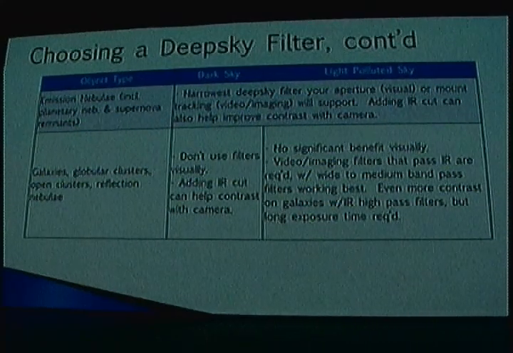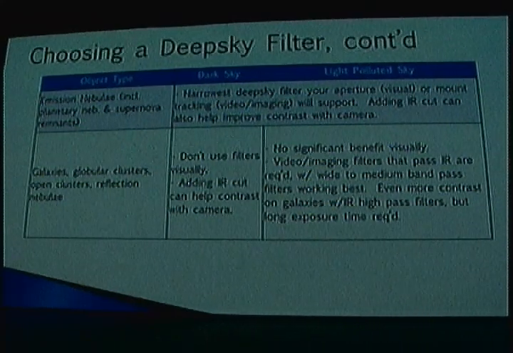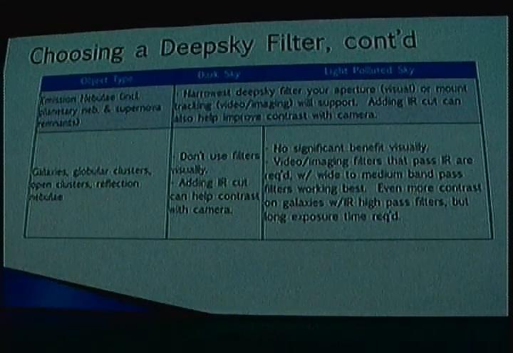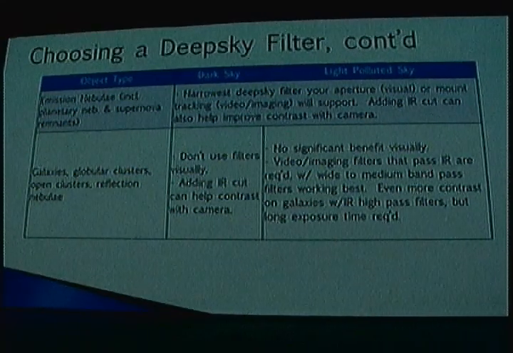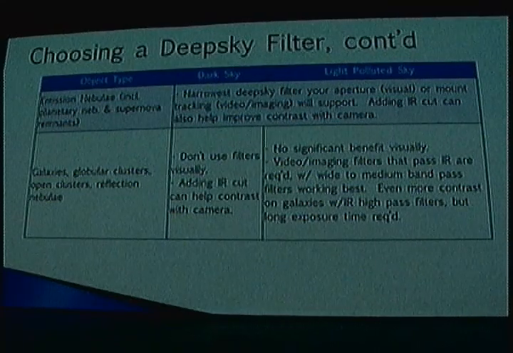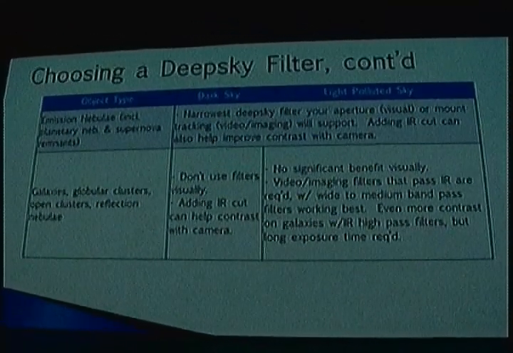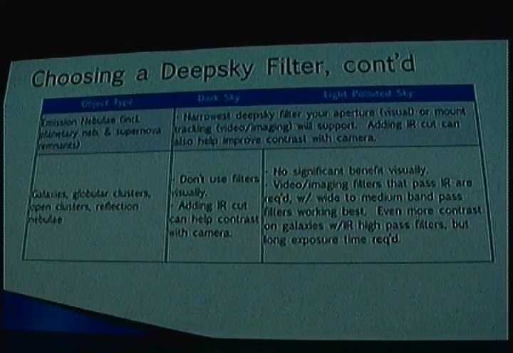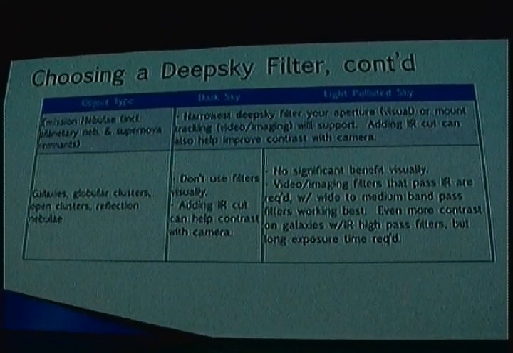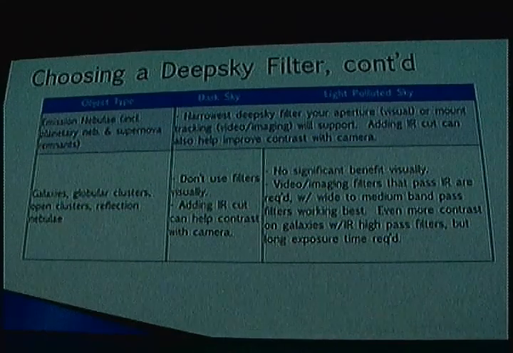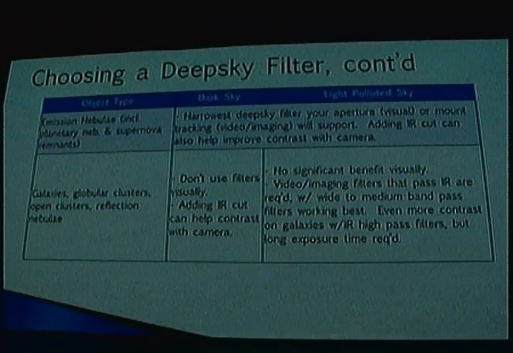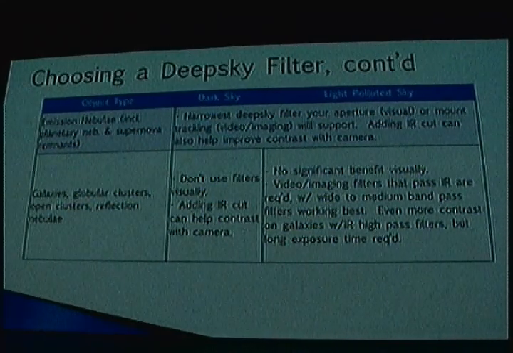And I'll talk more about that in the next slide. In the case of video or imaging, it would be the mount tracking. As I also mentioned, adding a UV or IR cut filter to an LP filter can further improve the performance of that filter in reducing light pollution.